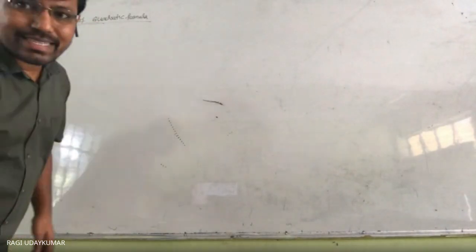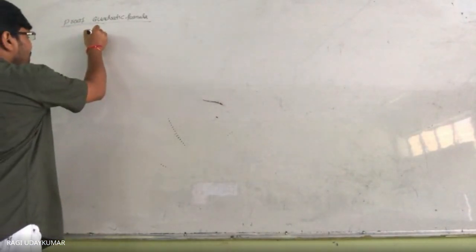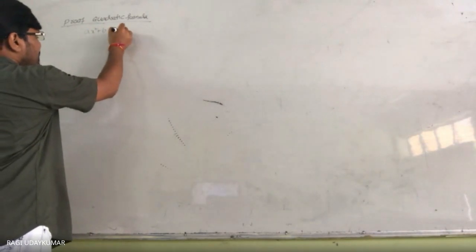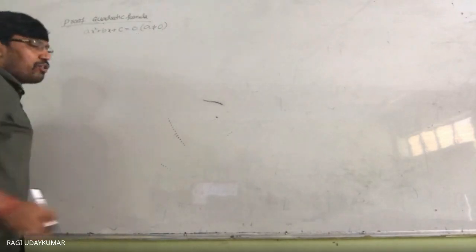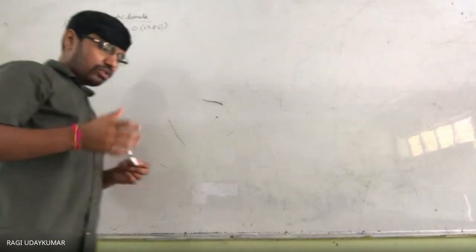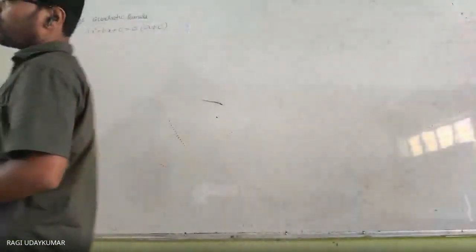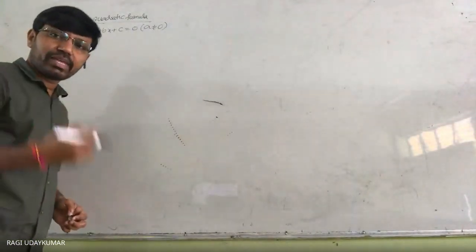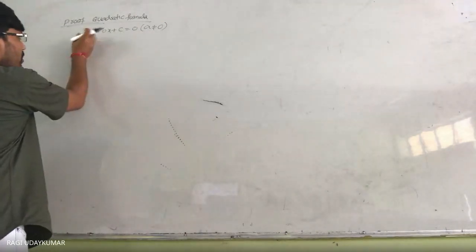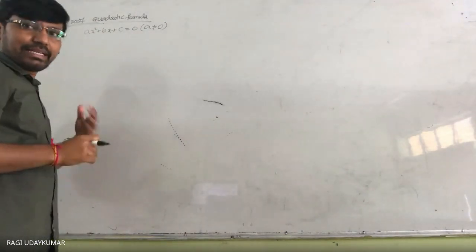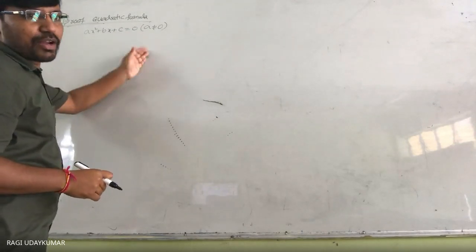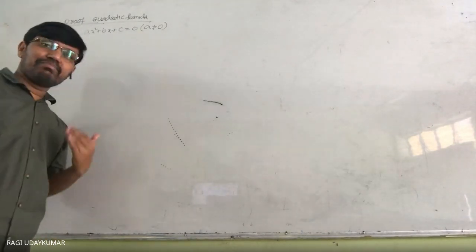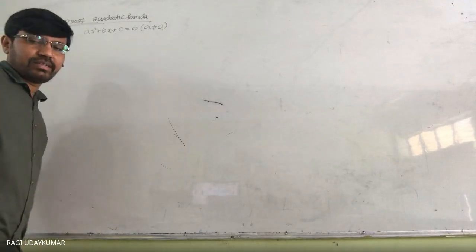So let us take the general form of the quadratic equation: ax square plus bx plus c is equals to 0, where a is not equals to 0. For this quadratic formula, we need to derive it. So using the method of completing square only, we are going to solve it. Completing square method में हम लोग क्या करना है? First इसको complete square की जैसा लिखना है. So you can multiply the complete equation by a, or you can divide by a. Whether you multiply or divide, choose your choice.